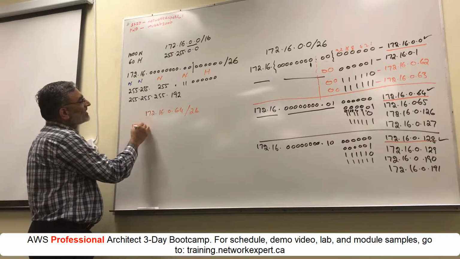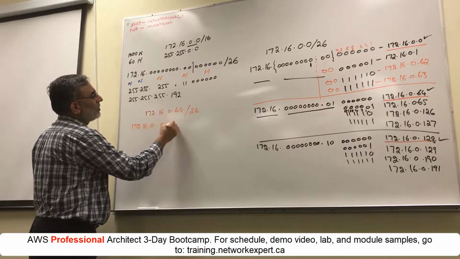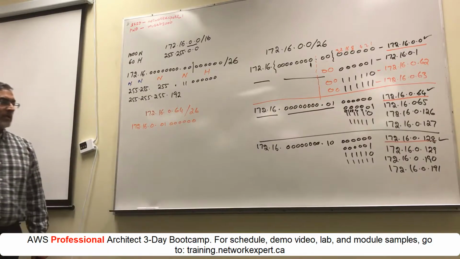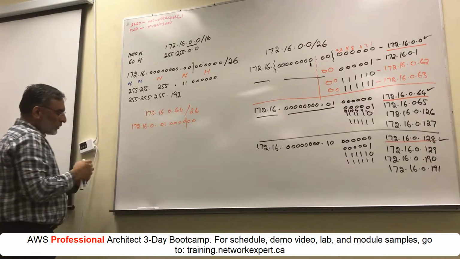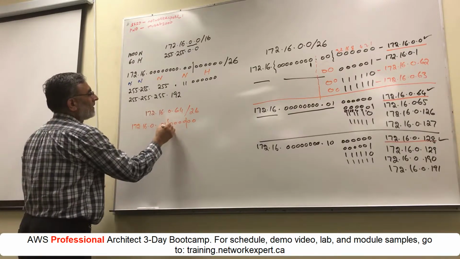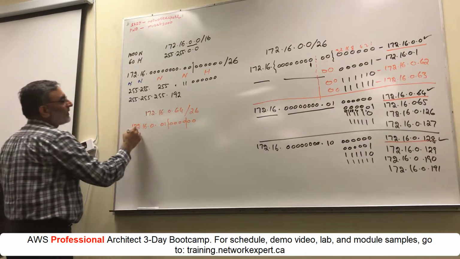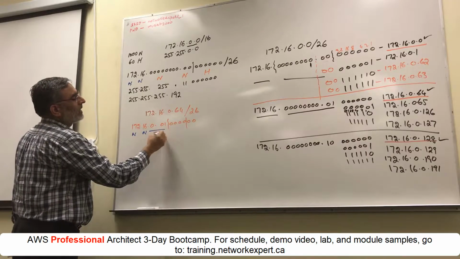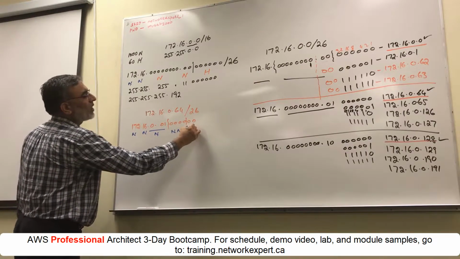So that means I can move 172.16.0.1, 2, 3, 4, 5, 6, 7, 8. I can move these 4 bits now. This was the network address given to me up to this portion, and I moved this as the new network.